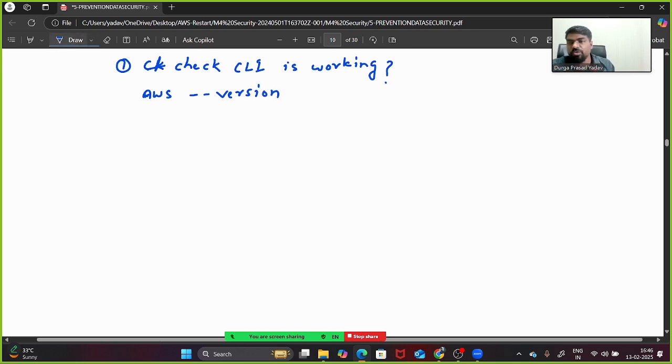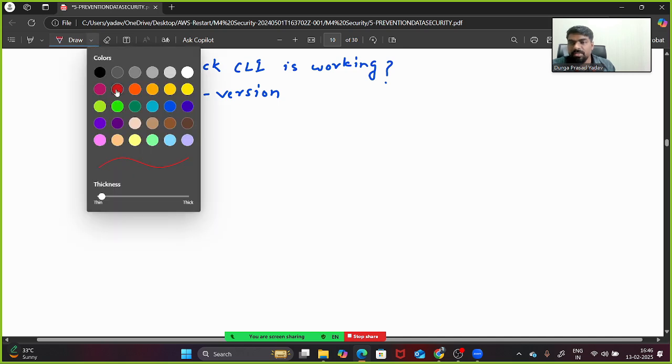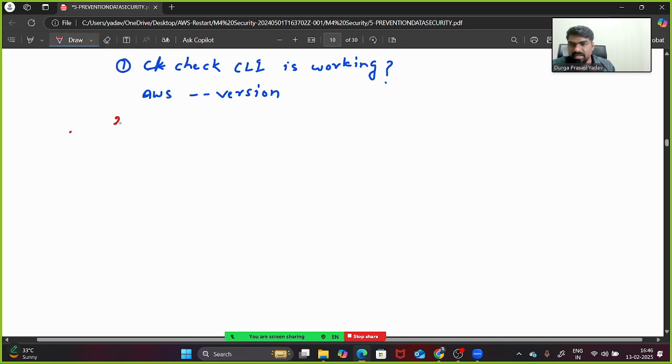And point number 2 here is, are you able to see my screen, guys? What I'm writing, it's visible? Yes. So point number 2 is, if you need to connect, we can call it login. Rather than saying connect, we can say login.